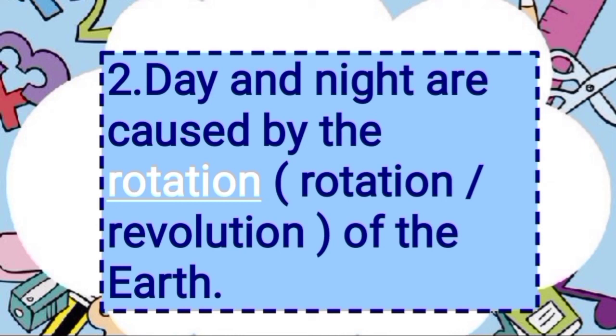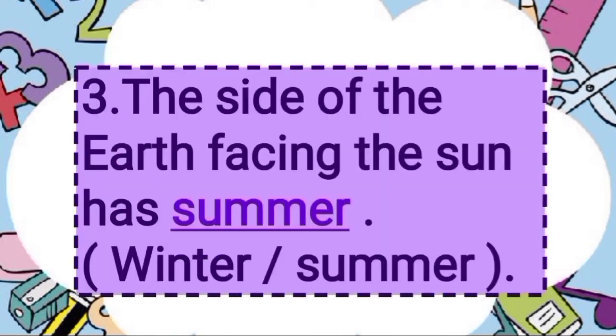Options are: first option, rotation. Second option, revolution. So the answer is rotation, which means day and night are caused by the rotation of the earth.